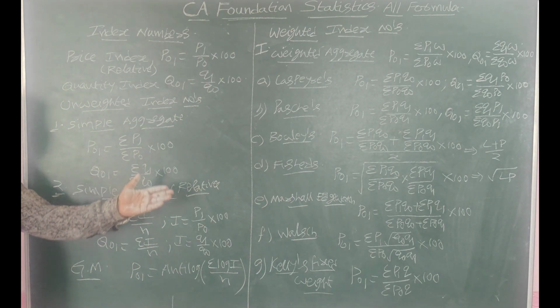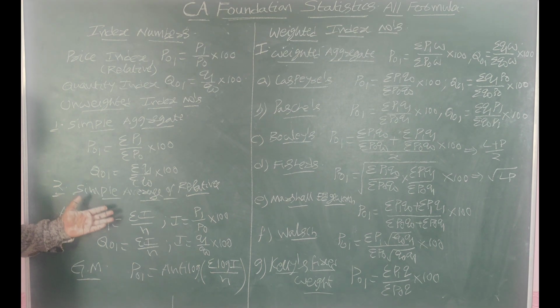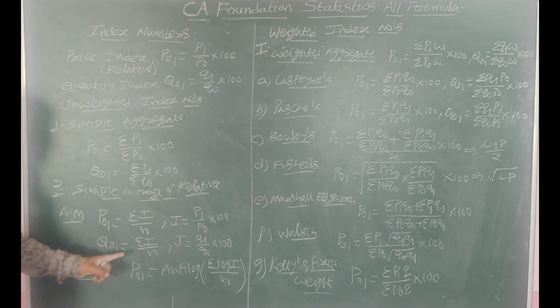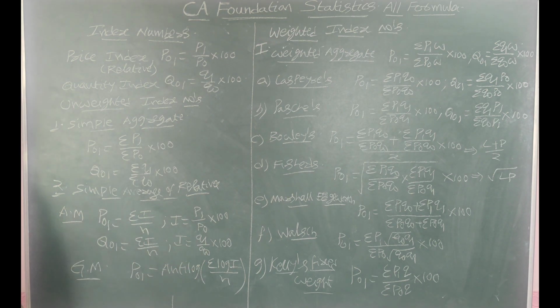Now, after calculating I, using arithmetic mean, P01 by simple AM is summation I by N. If it is a quantity index, simple AM of quantity index is summation I by N, where I is Q1 by Q0 into 100.